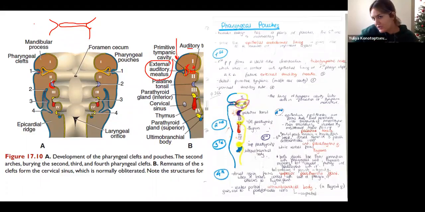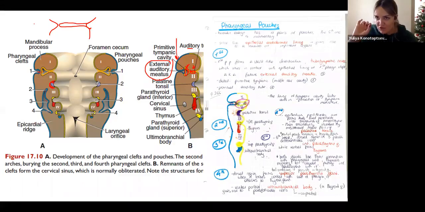And this mix of tissues, specifically at the level of the second pharyngeal pouch, is going to give rise to the palatine tonsils. So how do the palatine tonsils appear? When the endoderm of the second pharyngeal pouch invades the surrounding mesenchyme, and this mix of tissue gives rise to the palatine tonsil.